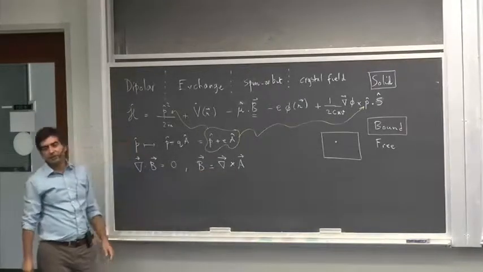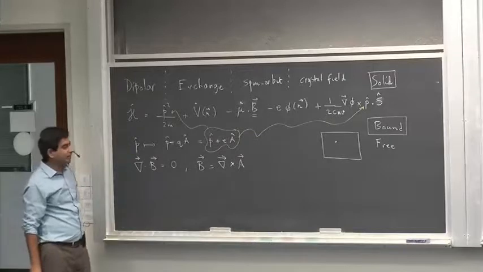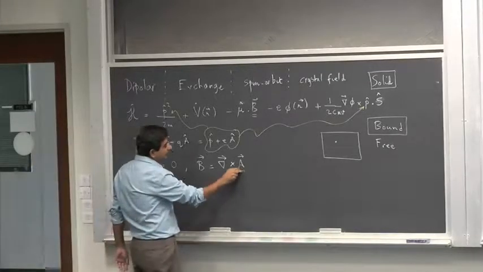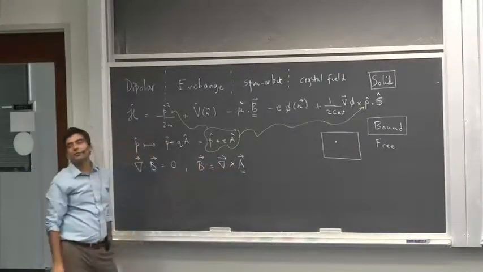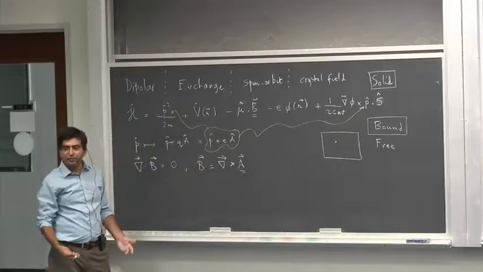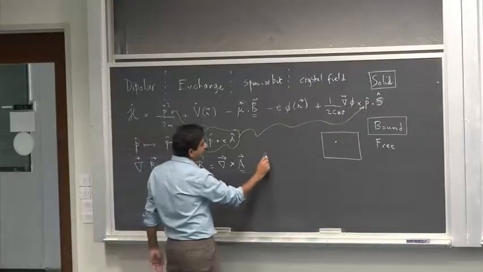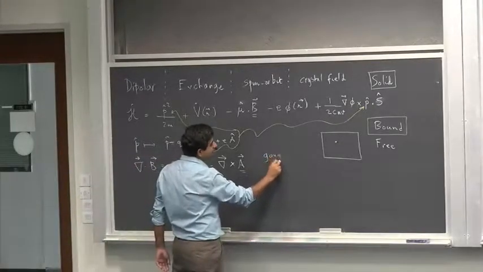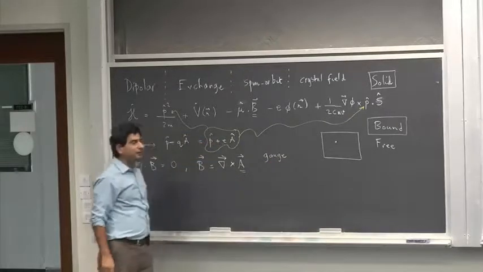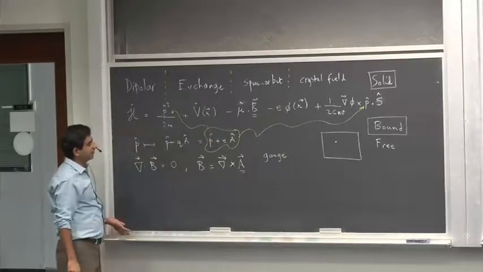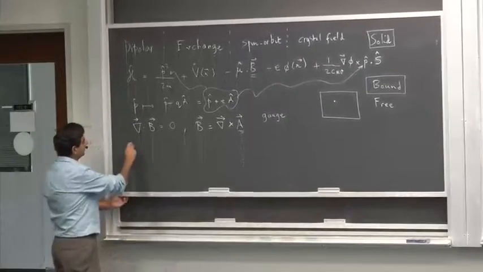This is called the vector potential. Now, there is a freedom in what kind of A you would like to choose, and that choice is called the choice of the gauge. So one choice of the gauge is the symmetric gauge.